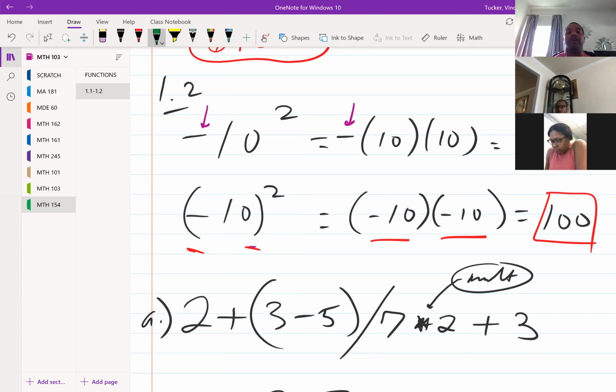But if there are no parentheses involved, then the only thing being squared is 10. So the negative is not being affected by the power. We have 10 times 10, but the negative is still out here, and in your final answer, you have -100. The 10 times 10 is 100, and the negative is sitting on the outside. So that's the difference between having parentheses versus not having parentheses at all.